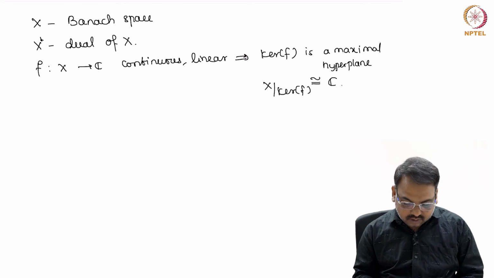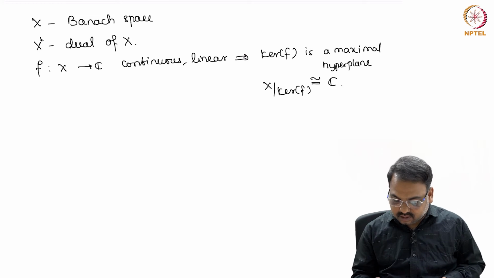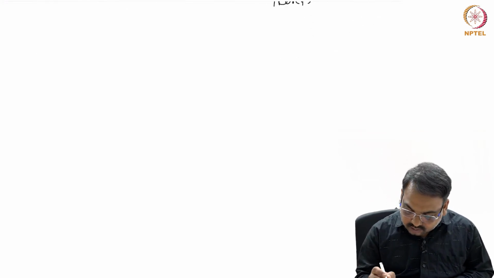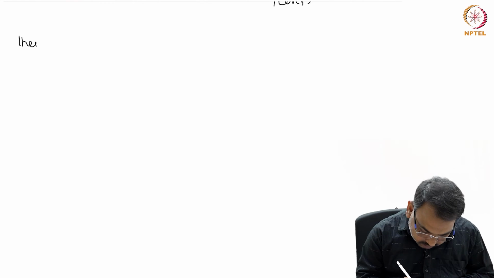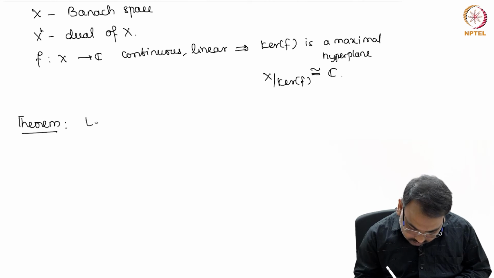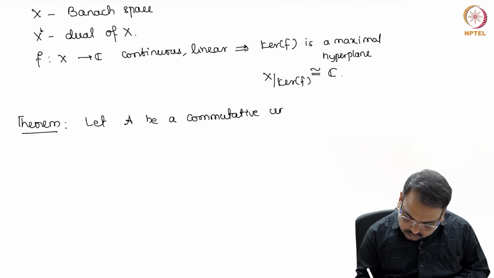Now, in this case also, when we have an algebra and look at multiplicative linear functionals, we can get a similar kind of result. So let us look at that result. Theorem. Let A be a commutative unital Banach algebra.